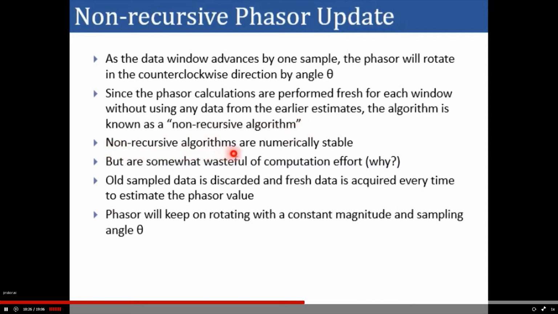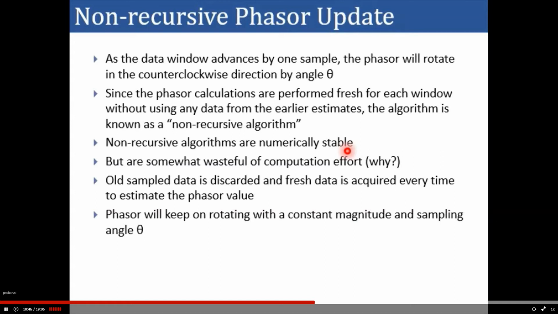Non-recursive algorithms are numerically stable because every time we take the samples as if they are directly coming from the field, that is, we take them as fresh samples and recalculate the phasor.